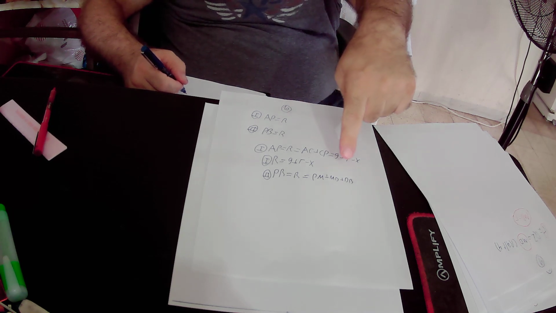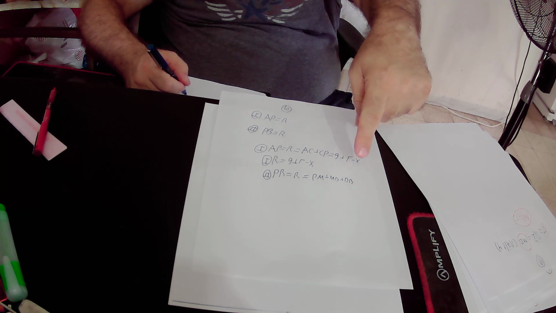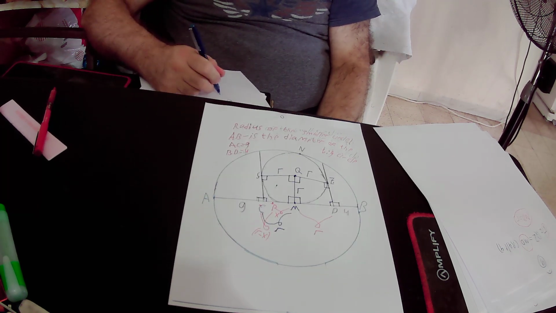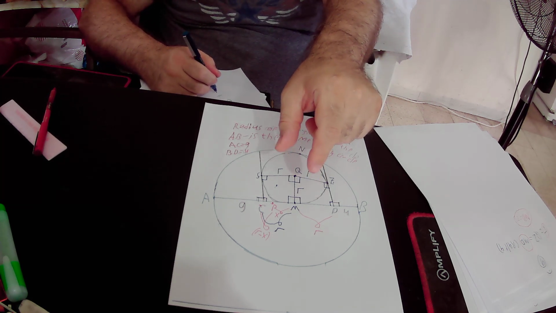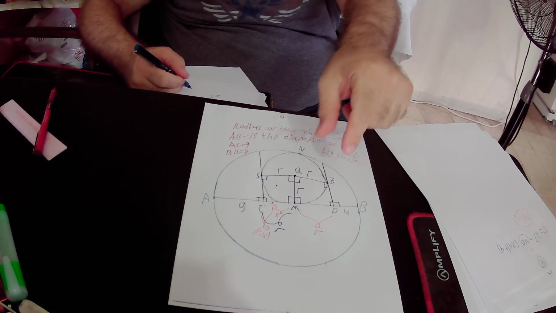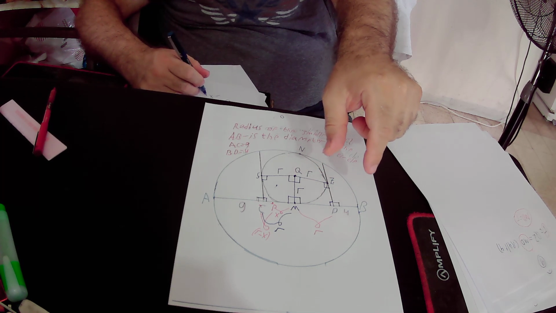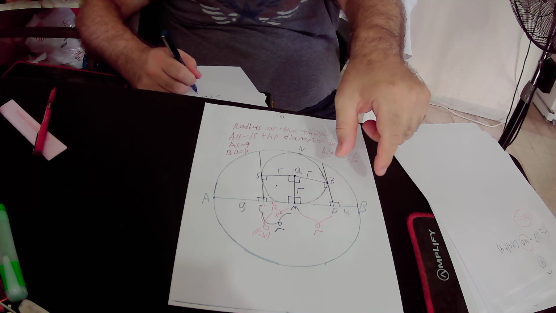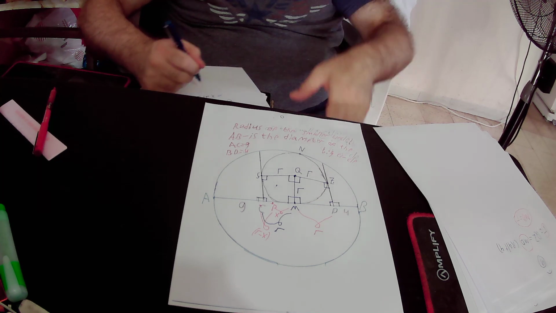But what is the value of PM? PM equals x according to our definition, and MD equals small r. That is what we found out, that MD equals small r, and DB equals 4 units. It is given in the question.